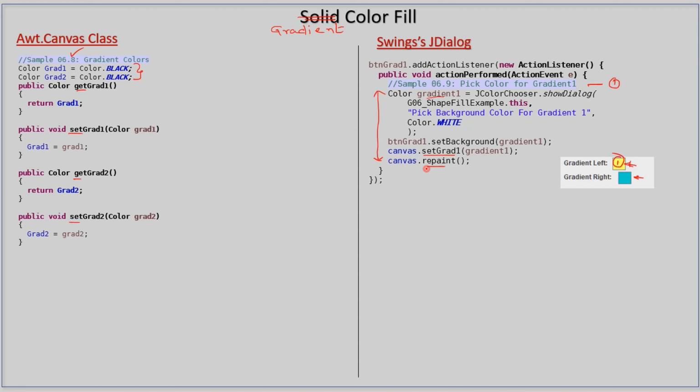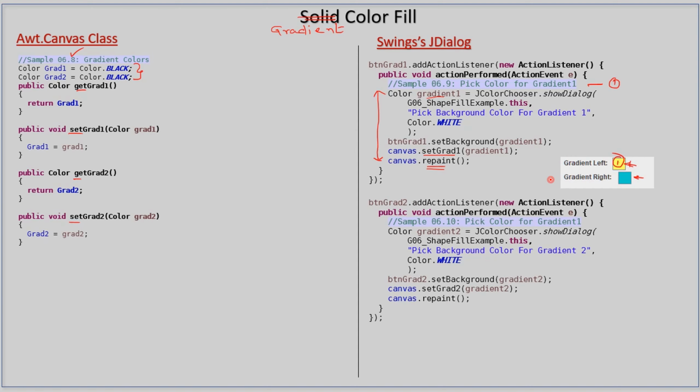The repaint will make a call to the canvas class's paint method. The same way we do the second gradient color also, and this time we call the gradient 2 setter method.